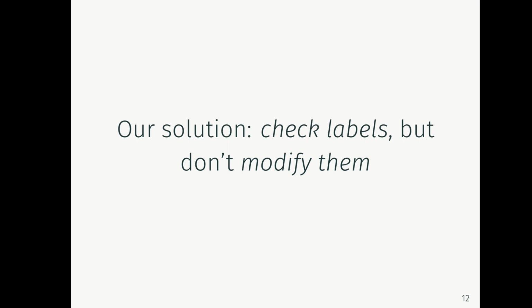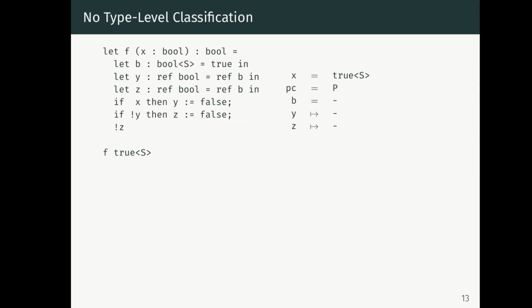Let's see how this would work in our example program. The constant true is still labeled as public, but it needs to be assigned to a secret variable, b here. To ensure that this is safe, we simply check that the label on the assigned value, which is just public, is less restrictive than the label on b. Here the check succeeds, which allows execution to proceed normally.